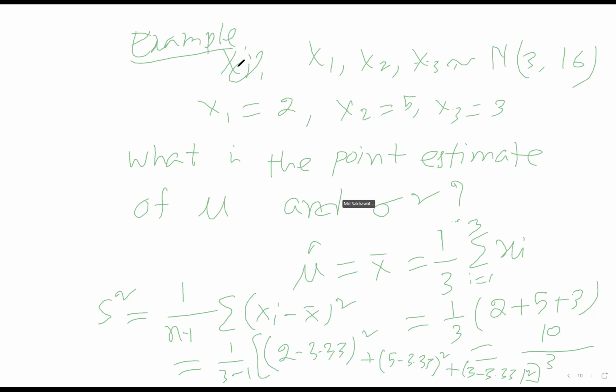This is true for a random sample, and if it follows a normal distribution, then this is always true. The point estimate for mu is always x bar. You also got 2.33. Okay, maybe this is the correct answer.